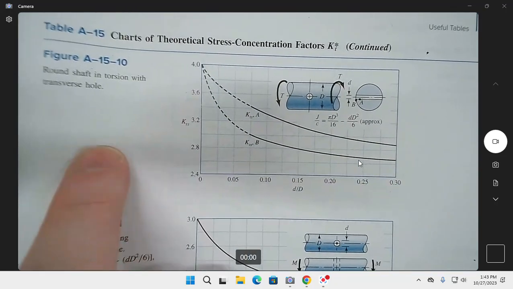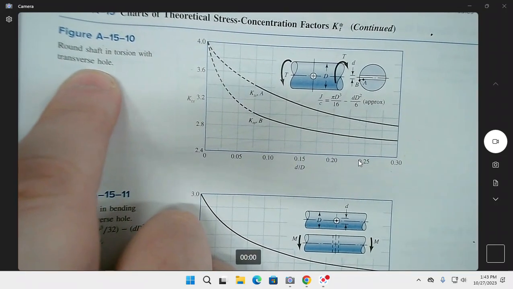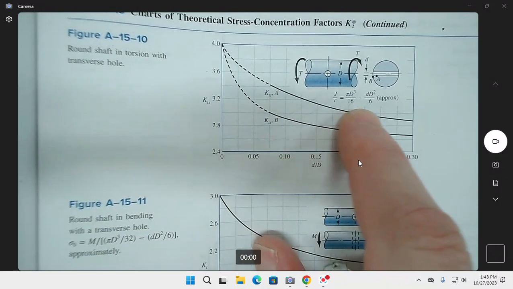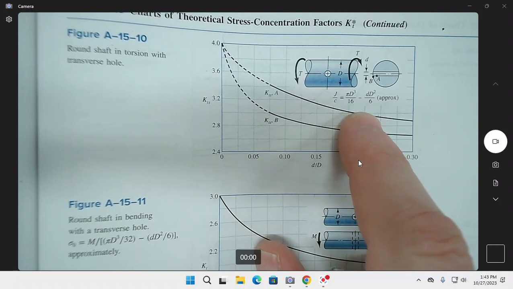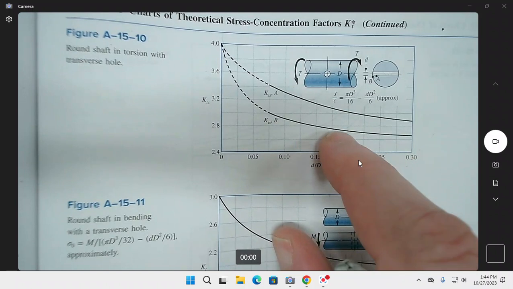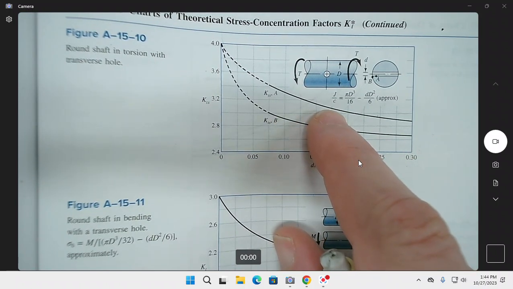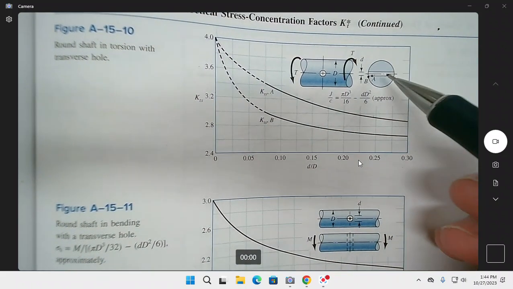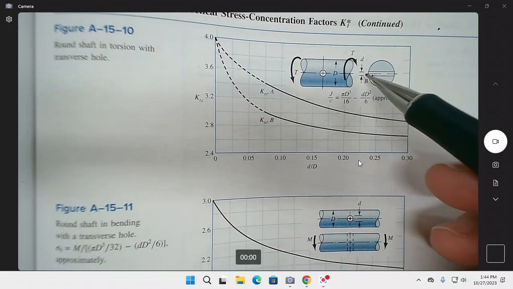So they decided not to put the information they needed in the caption. They went ahead and put it right here. It's kind of weird. They never even write out what this equation is supposed to be. And there's also some amount of confusion as to, should you use A or should you use B?